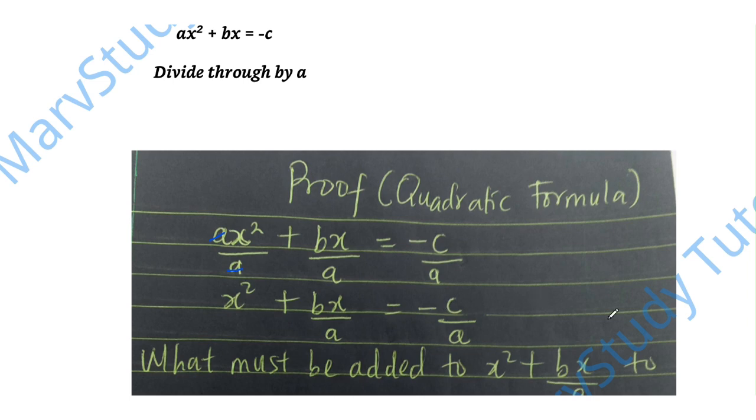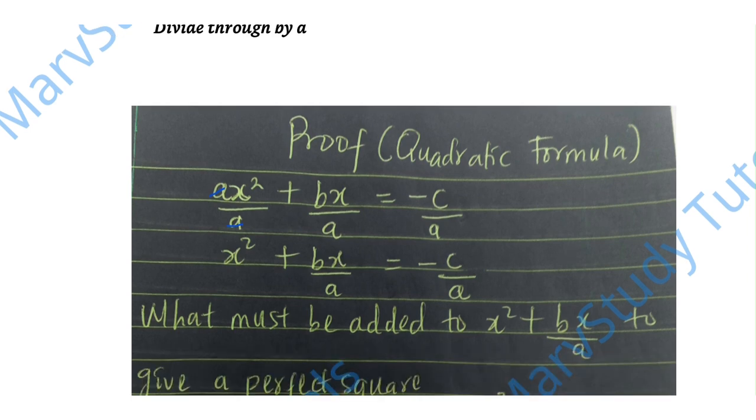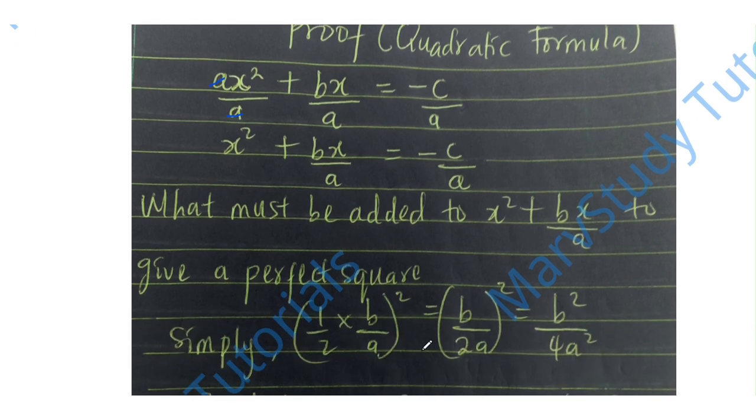All we need is the coefficient of x, which is b over a. Half of b over a is b over 2a, and then we square it. b over 2a all squared gives us b squared over 4a squared, and that is what must be added to x squared plus bx over a to make it a perfect square.